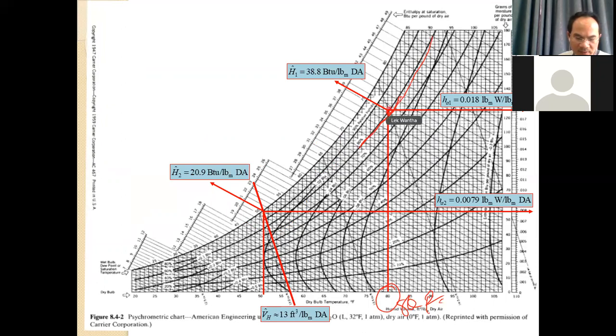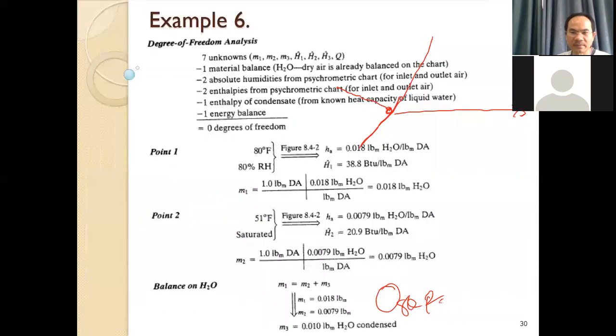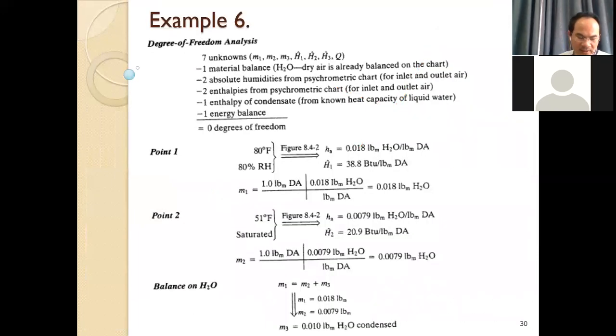At this point, you can calculate absolute humidity 0.018 and enthalpy 38.8. This is the inlet humid air. And also you can calculate the amount of water in the inlet air because you know the absolute humidity.